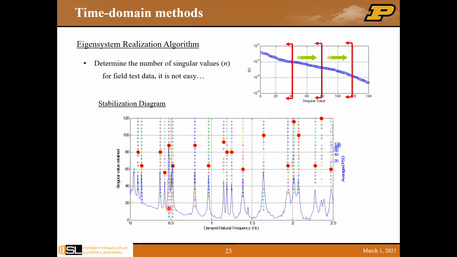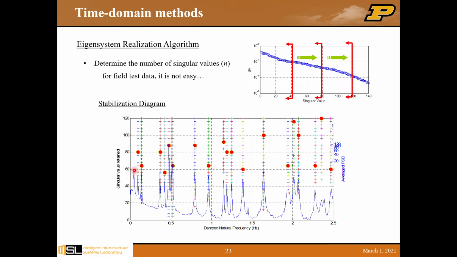On the left-hand side, we also have the number of singular values retained, starting from 0 to 120 in this example. For example, if we select 60 singular values, then we can obtain several modes.